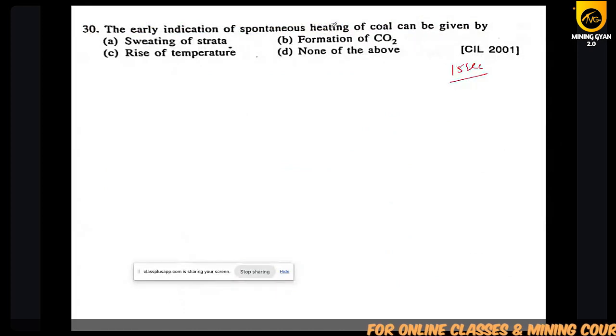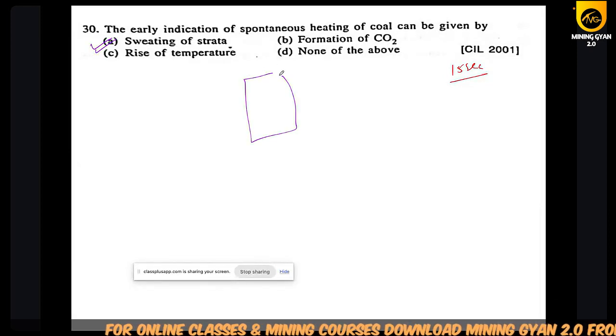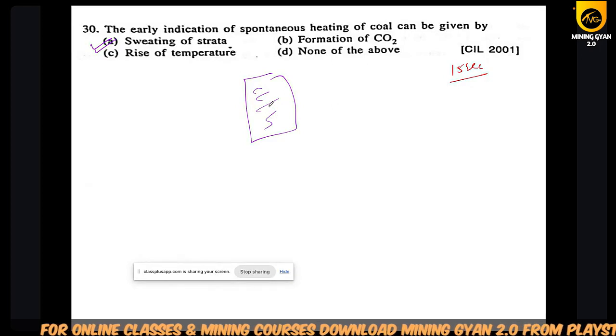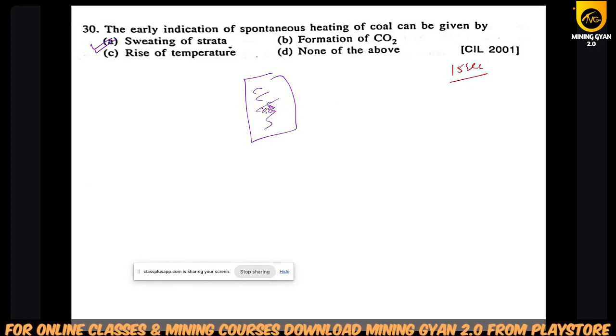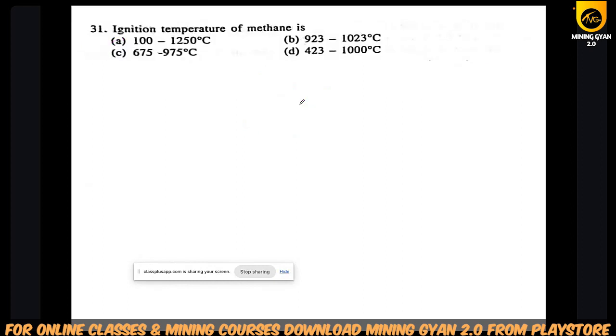The early indication of spontaneous heating of coal can be given by sweating of the stopping. Sweating means, if this is your face and here is the coal, and water appears here, it looks wet. That is sweating. Then you will know that spontaneous heating is happening.